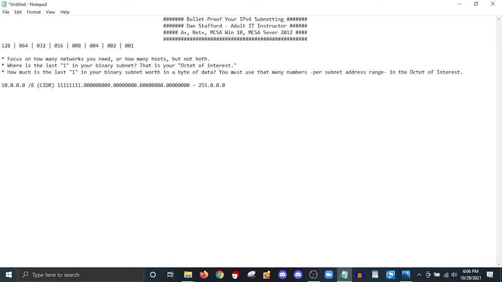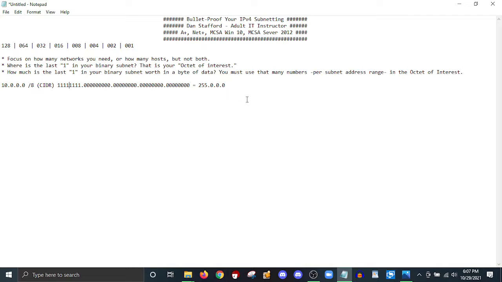This is not about IP addresses. This is only about the subnet mask. All right, so just thinking about the subnet mask itself. Okay, so what does this subnet mask do? Well, it's kind of like a secret decoder ring for IP addresses.